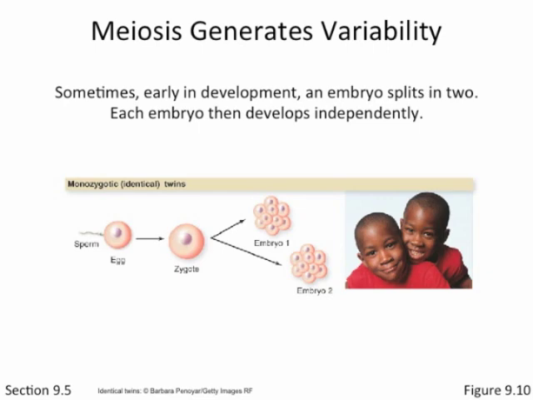At that point, since none of the cells have differentiated, you can still create 2 entirely functional whole beings, and you end up with identical twins. Fraternal twins are not going to be the same.